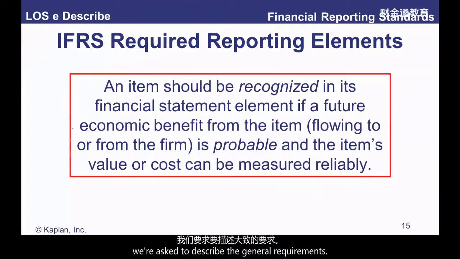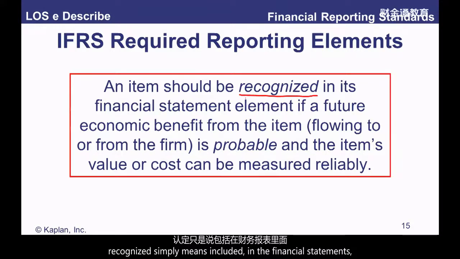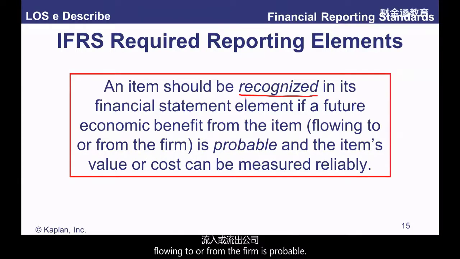So let's have a look at our IFRS required reporting elements, and we're asked to describe the general requirements. An item should be recognised in the financial statements. Recognised simply means included. An item should be included in the financial statements if a future economic benefit from the item flowing to or from the firm is probable. If it's a future economic benefit flowing to the firm, then we're talking about an asset. If it's an economic benefit flowing from the firm, we're talking about a liability. So we've got the definition of an asset and a liability in here.